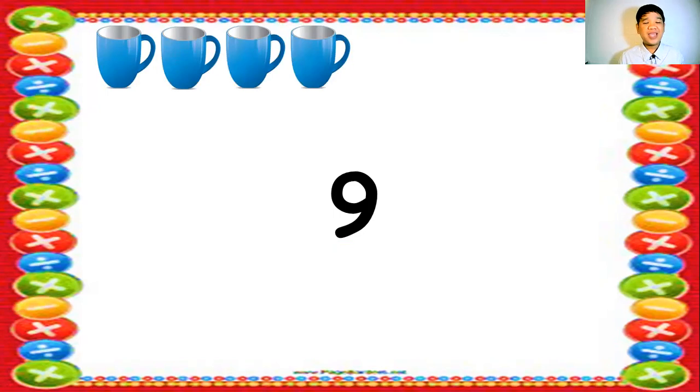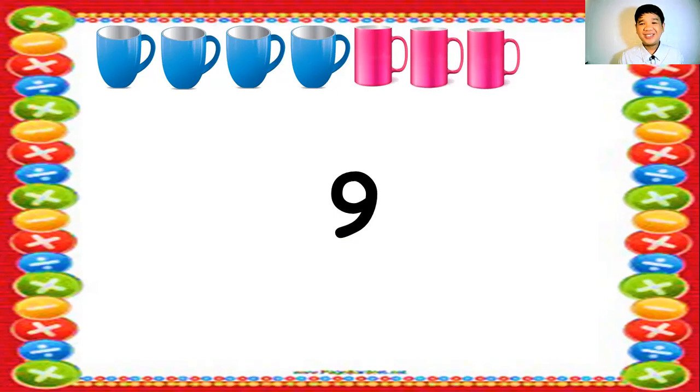Or we can say 4 blue mugs. All right? Let's check another color of the mugs or cups. Oh, so we have pink. So let us count the number of the pink cups. 1, 2, 3, 4. All right. So we have 4 pink cups or 4 pink mugs.